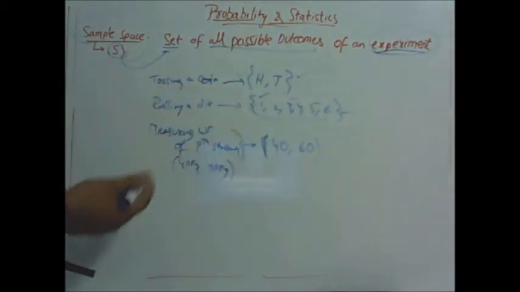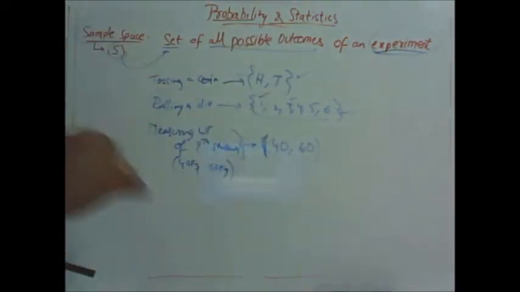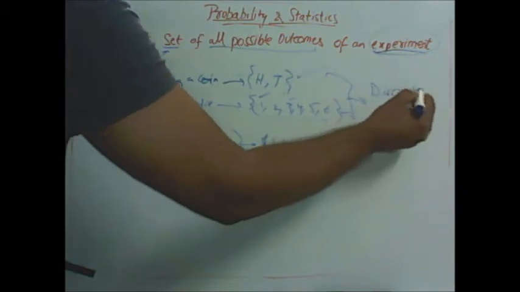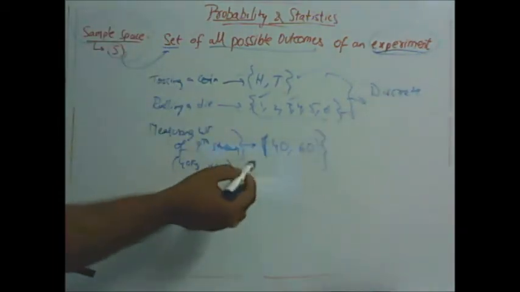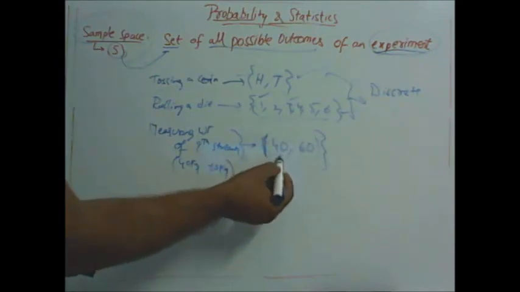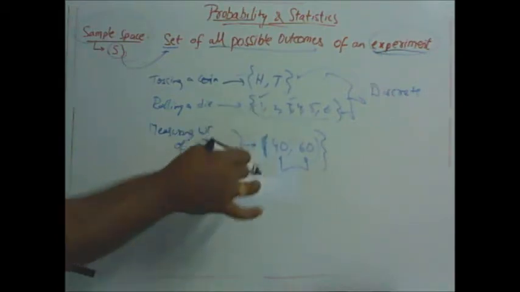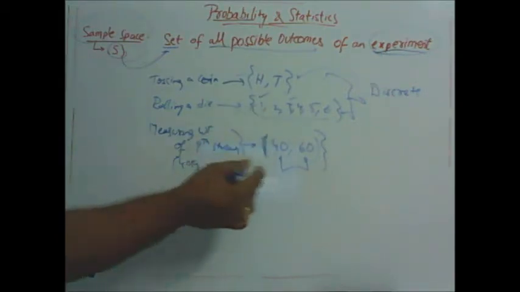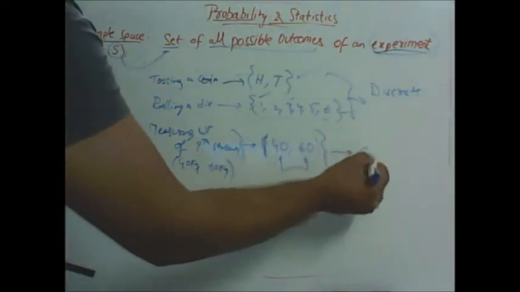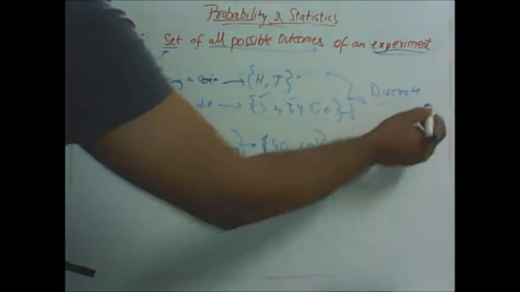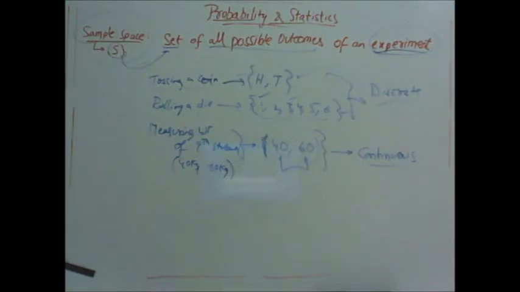In some cases we can get an infinite number of outcomes also. But if we can count each and every one, then it is a discrete sample space. If we cannot count, we can measure, but it can be any real value between this given interval of 40 and 60, with no restriction, then it is a continuous sample space. So that is how we have discrete and continuous sample spaces.